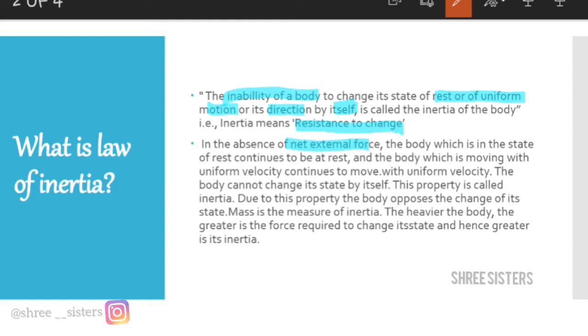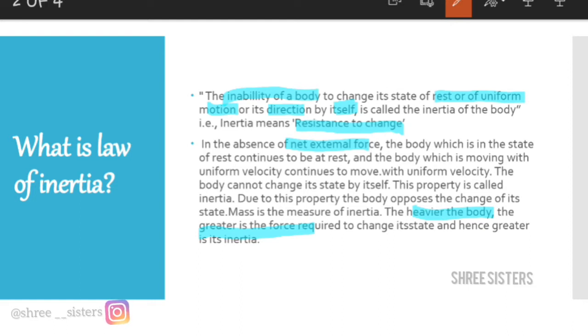Mass is the measure of inertia. The heavier the body, the greater is the force required to change its state, and hence the greater is the inertia. So if you are not putting any external force, a body which is at rest will continue to be at rest. For example, a ball is at rest in a room.